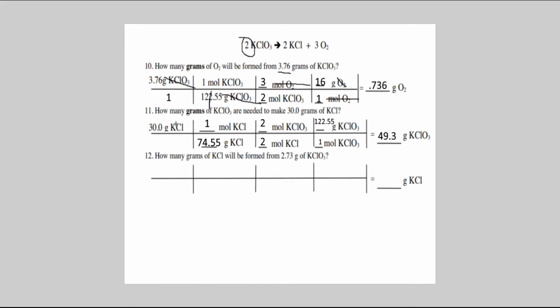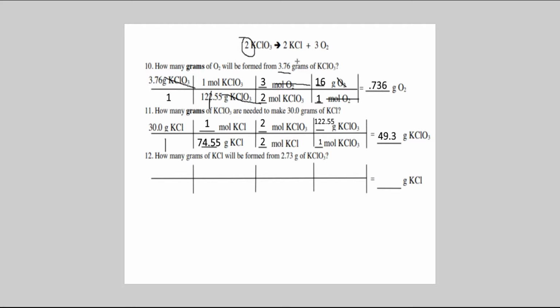You do 30 grams of KCl over 1, and then you set up the same way. You find these compounds or these elements, and you find out the molar mass of it. So the molar mass is 74.55 grams over 1 mole, because that's how many moles are in it, which is why it's called the molar mass.